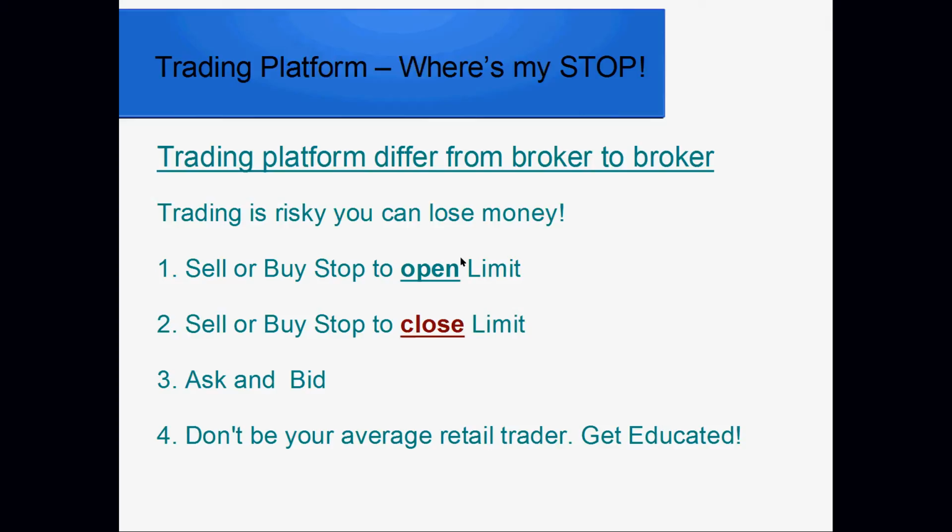You can be non-aggressive and sit on the bid side if you want to. On the ask side are the people trying to sell, and when you're selling, you can sit on that side and be an aggressive seller.